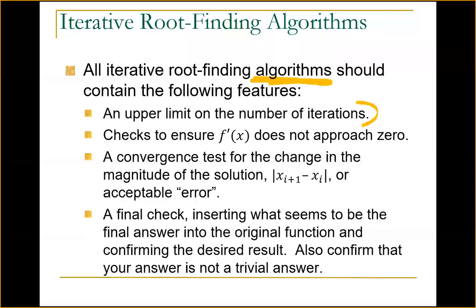So after you've done all the computation and you get your answer, go back to the original problem and plug it in to confirm that you did find the true answer and you didn't find some trivial answer. A trivial answer is an answer that mathematically is correct, but practically speaking is irrelevant. That's what we call a trivial answer. Okay?